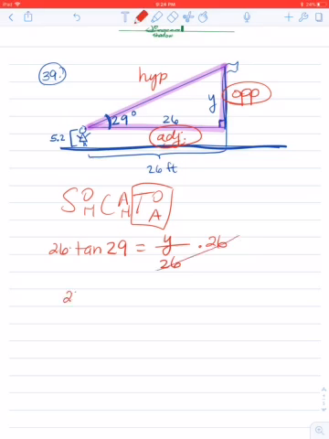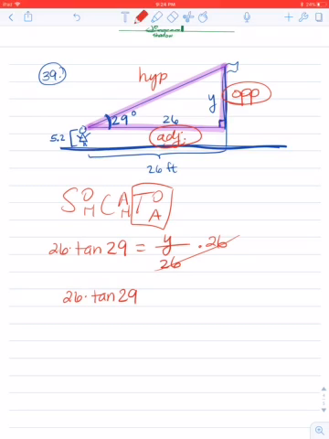And then in my calculator, I'm going to type 26 times tangent of 29, which I don't have my calculator, so let's go to Siri here. What is 26 times tangent of 29? Well, that's not useful.